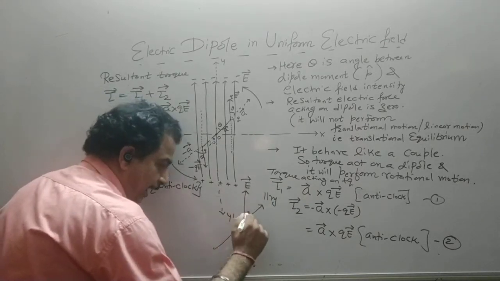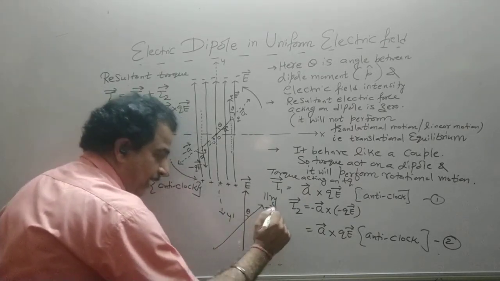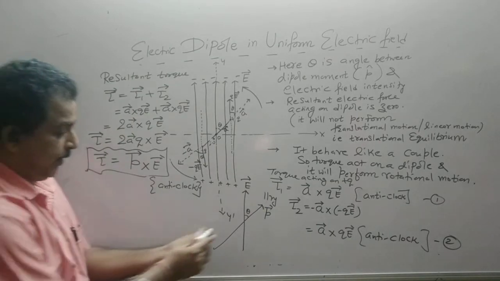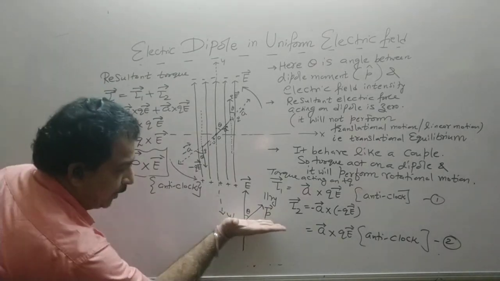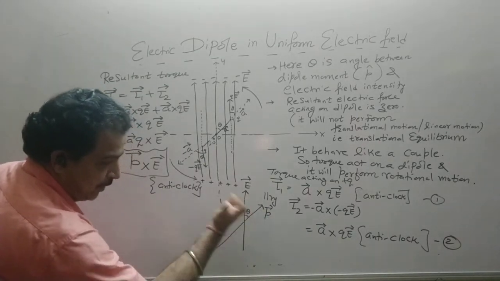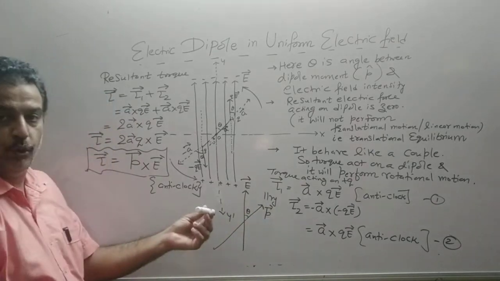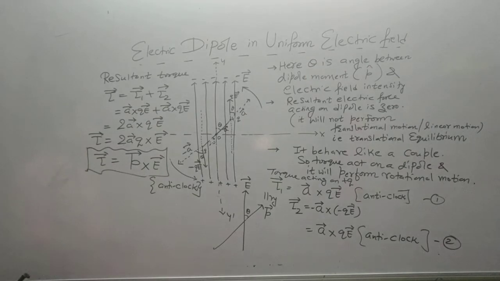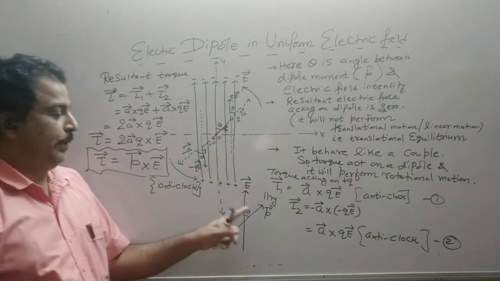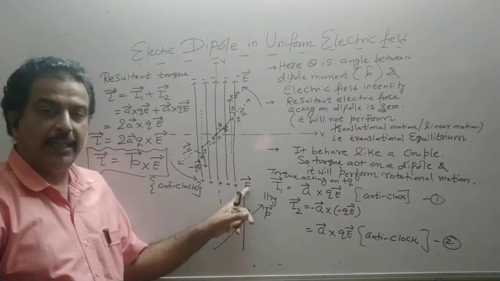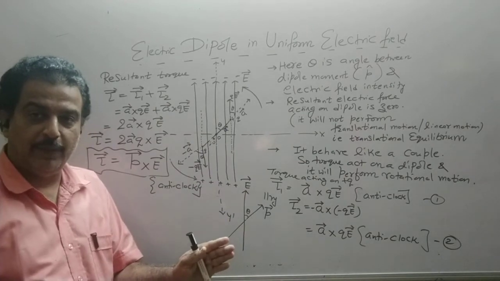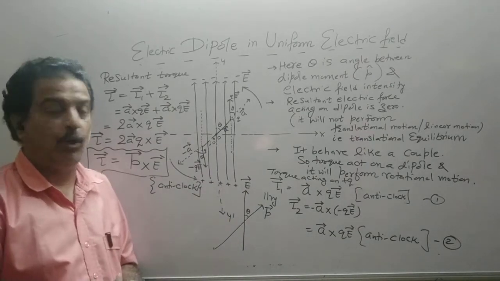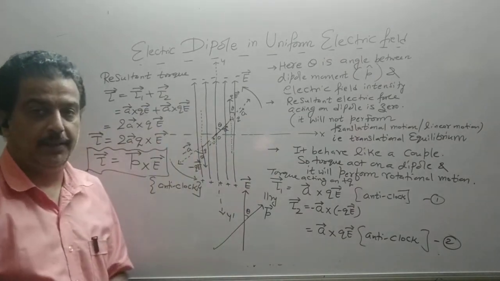So this is an angle theta, and this is your P vector. Now you keep a screw here. Again you rotate from P to E. Either you apply the right hand thumb rule or the screw rule, thumb will come out. So the direction of the torque is perpendicular to the plane containing P and E vector, or coming out from the plane of paper, and the direction of the motion of the dipole is anti-clockwise here.